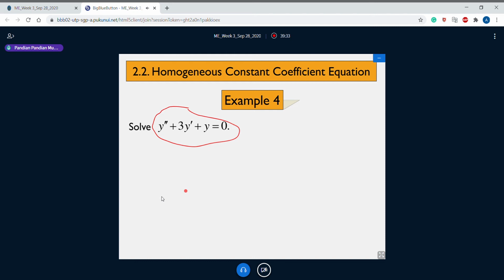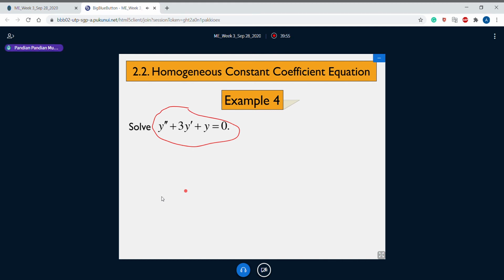A is 1, so you get 2. So your m will be minus 3 plus minus root 9 minus 4, 5, so minus 3 plus minus root 5 over 2. If you use your calculator and simplify root 5, you will get 2 real roots.